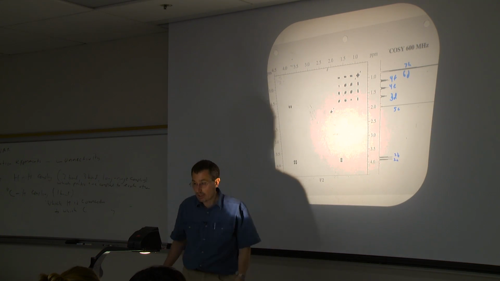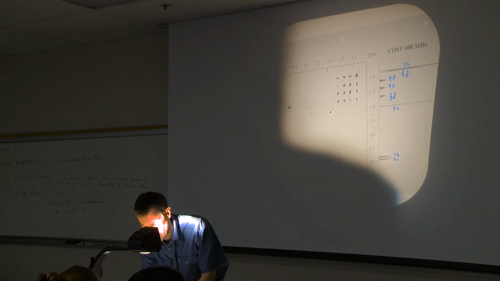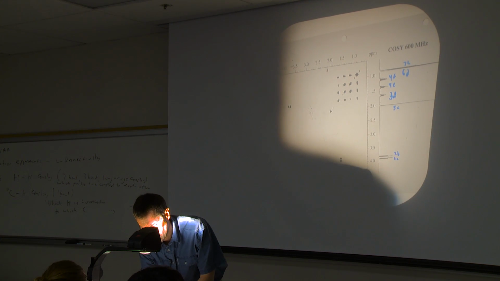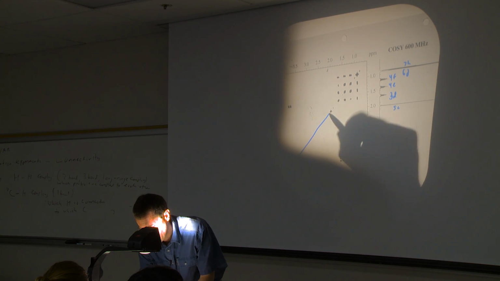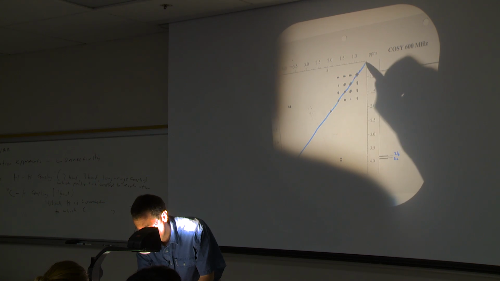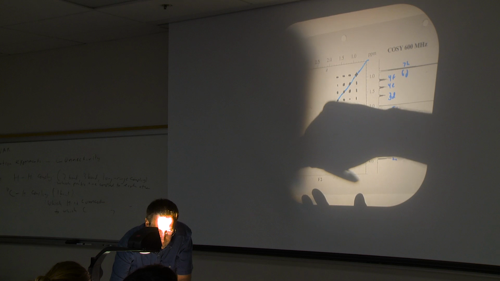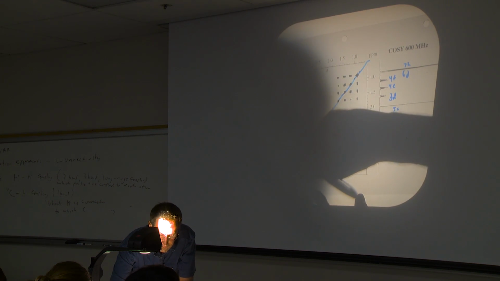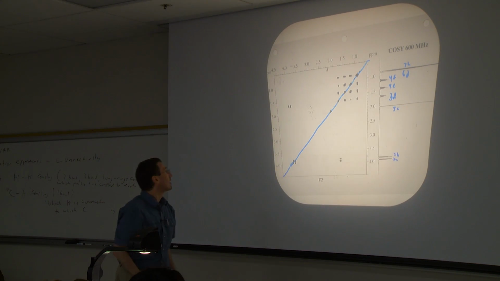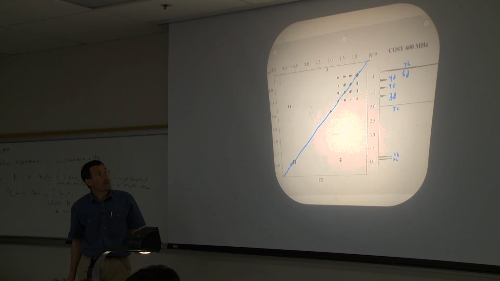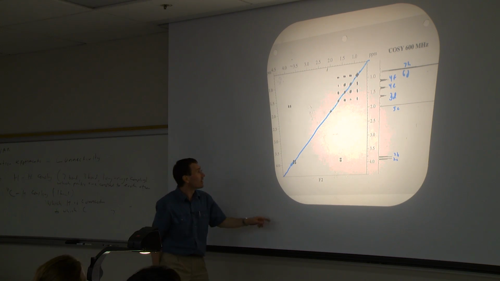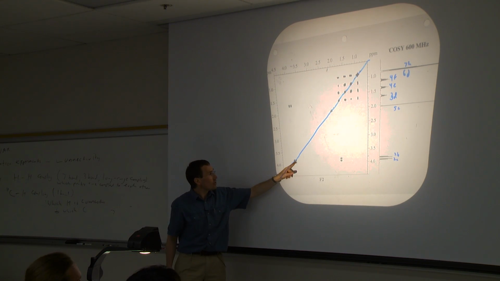I'm going to mark my diagonal. Just get that out of consideration. If I had it, I'd probably use a ruler. So we get a little cross peak here.